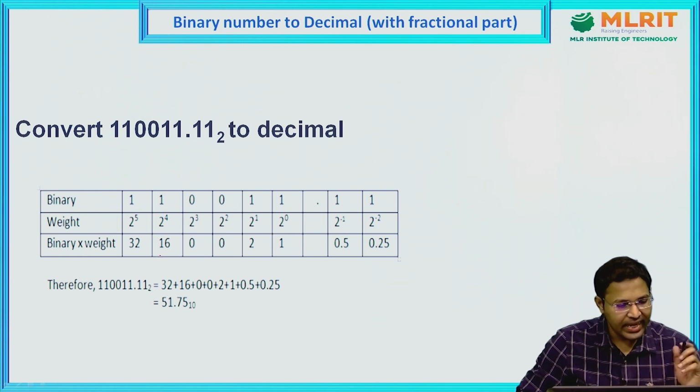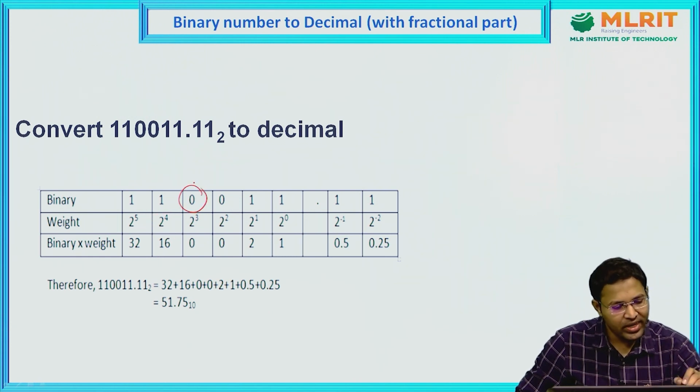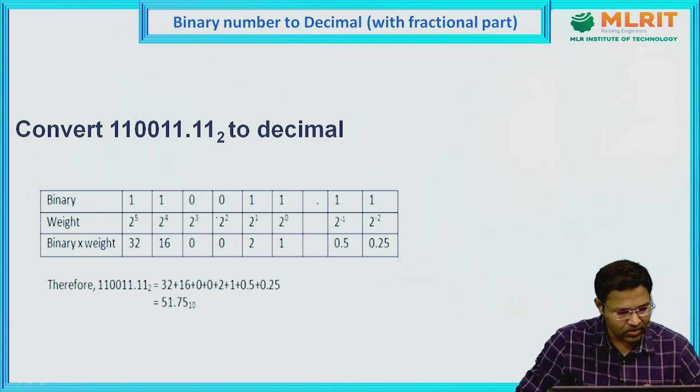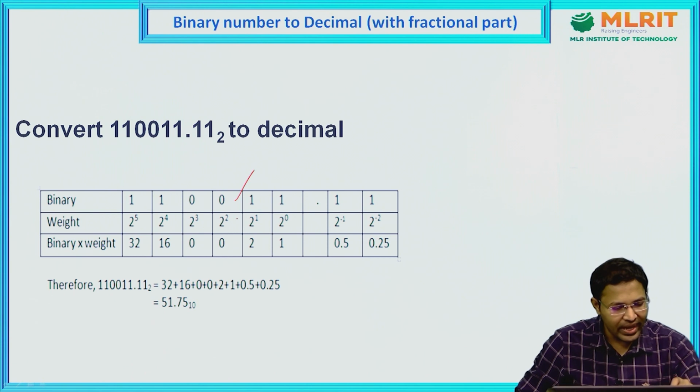Next, 0 into anything, we don't need to compute what this is, because 0 into anything is going to give us 0. Likewise, 0 into anything is going to give us 0.